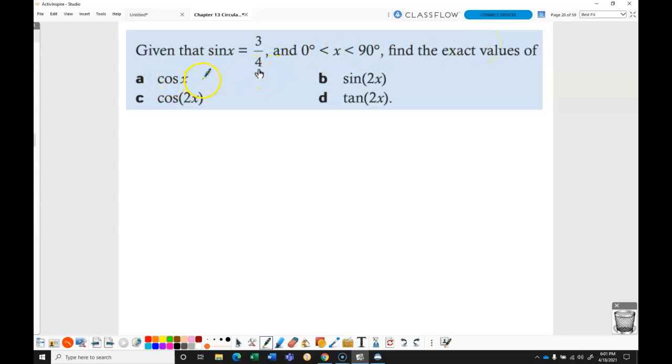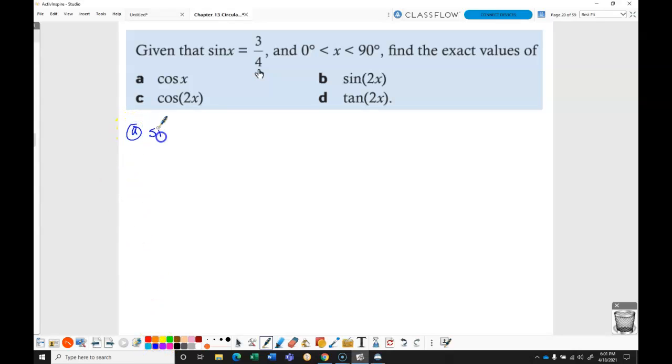Now, it's not going to be hard to find the cosine of that angle. I'm going to show you actually a different way that hopefully will help you out some. Okay. So a lot of times somebody is given something like that and they automatically do the Pythagorean identity. I kind of cheat a little bit and I use what I know about right triangle trig.